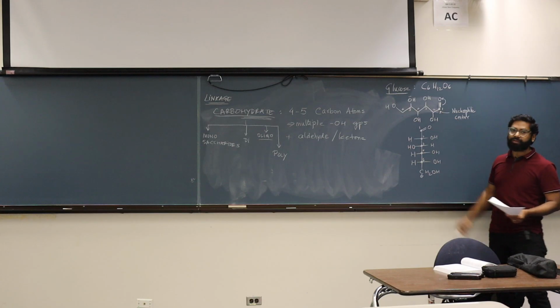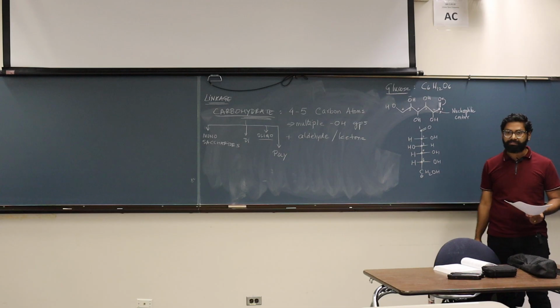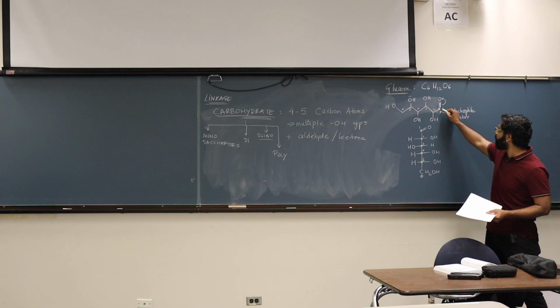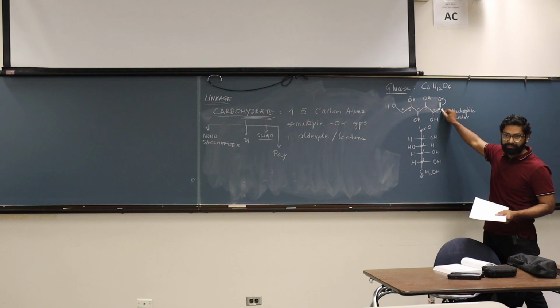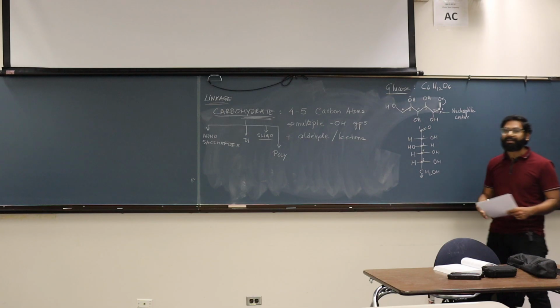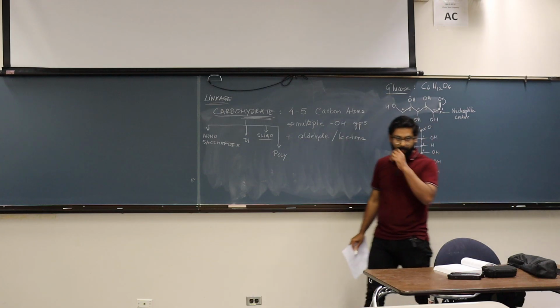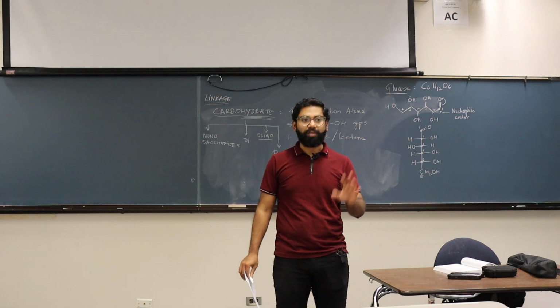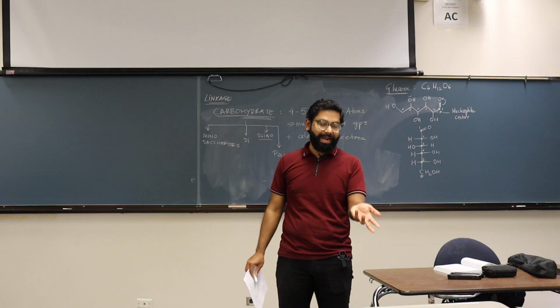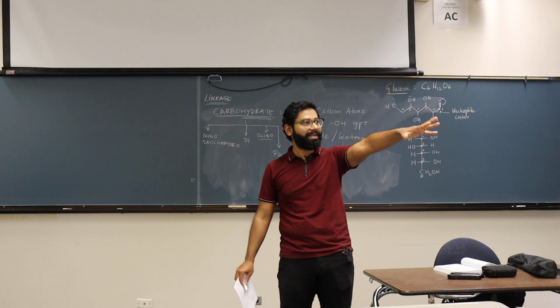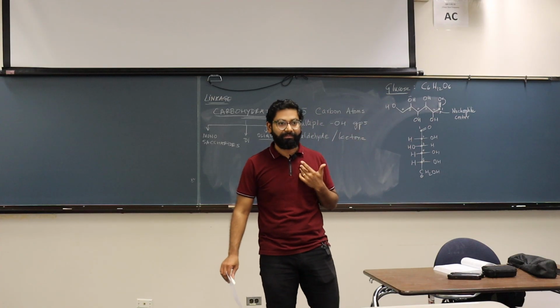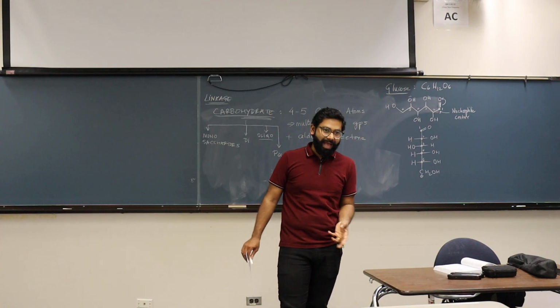If this breaks, who is going to take the electrons, oxygen or carbon? Oxygen, because it is more electronegative. So this carbon becomes positive, right? Who will be attracted to a positive center? Who has a negative charge or an electron? Because opposite charges attract each other. If somewhere there is a positive charge, I will get attracted to it if I have a negative charge.